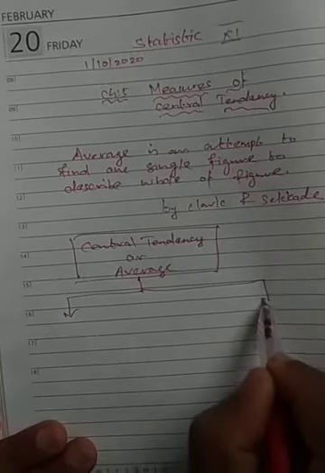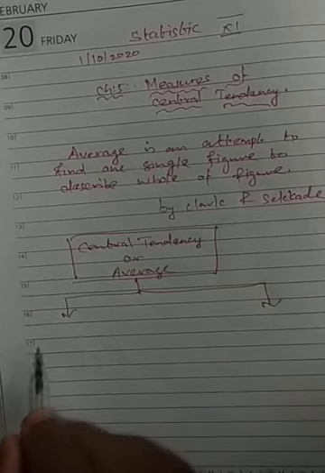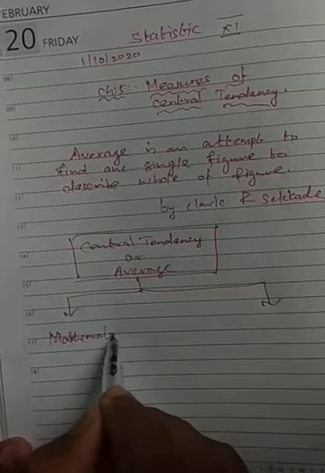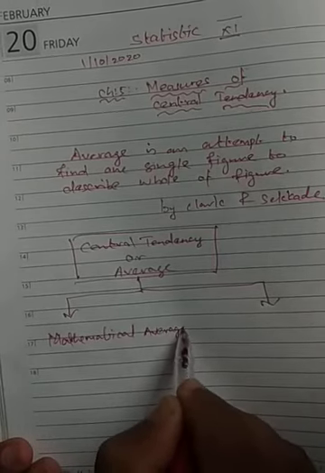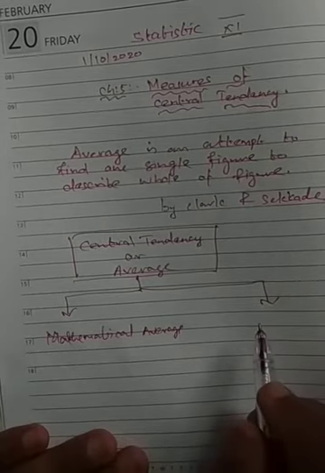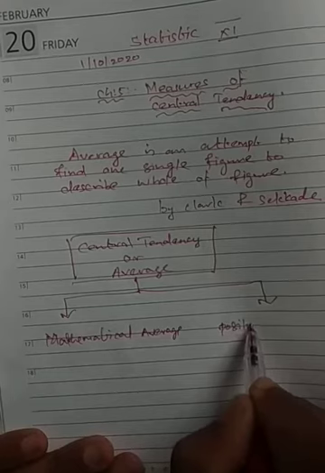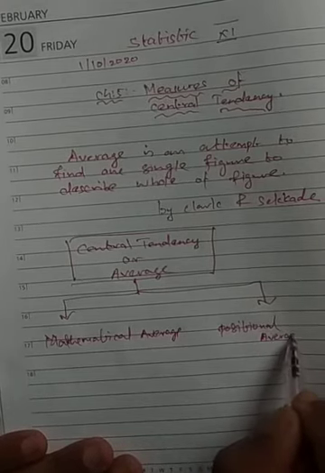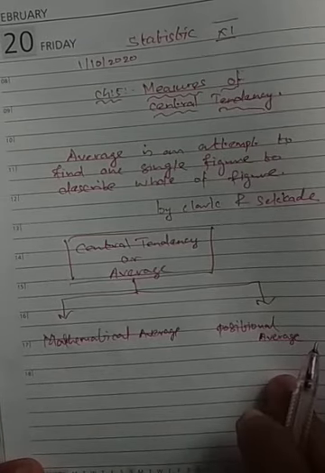Two broad classifications are there. One is mathematical average, another is positional average. These two things we have. One is mathematical average, another is positional average.